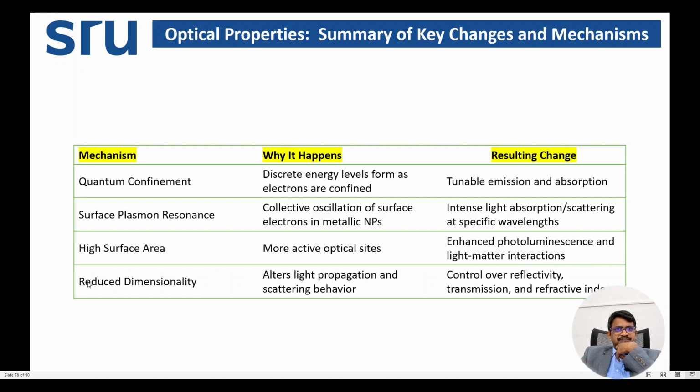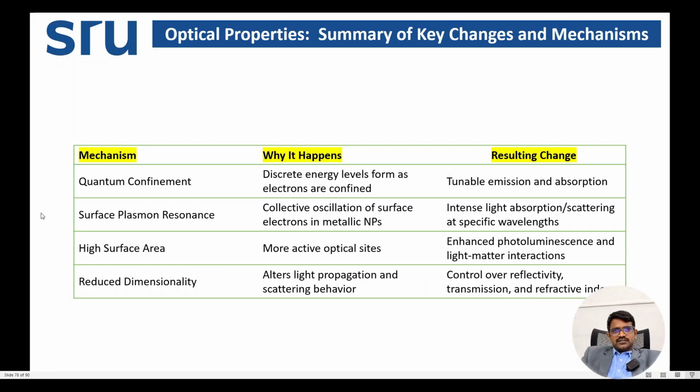Then the last one, reduced dimensionality. Reduced dimensionality alters light propagation and scattering behavior. So what is the change? It gives control over reflectivity, transmission and refractive index.